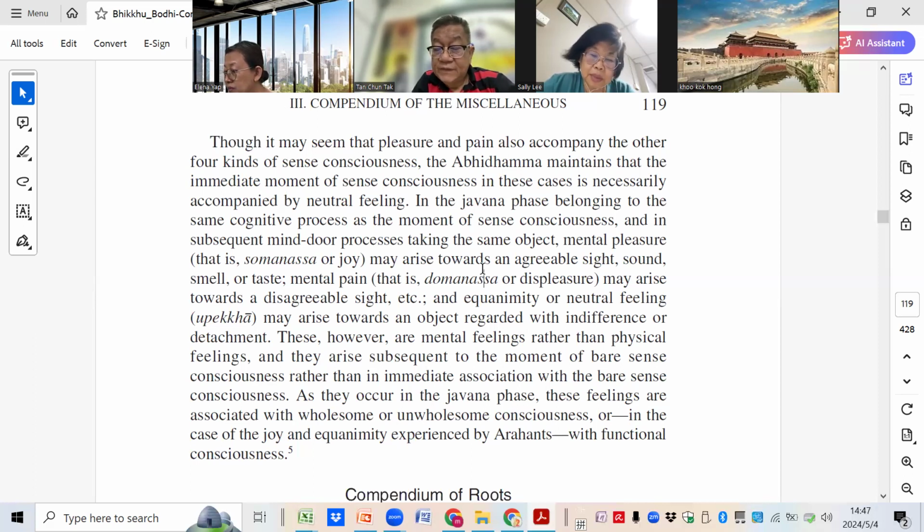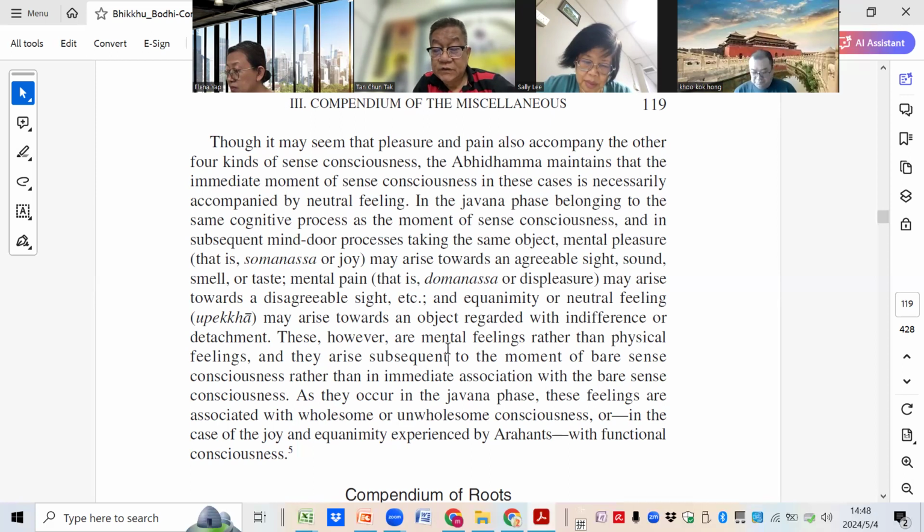In the javana phase belonging to the same cognitive process as the moment of sense consciousness, and in subsequent mind door processes taking the same object, mental pleasure, that is somanassa or joy, may arise towards an agreeable sight, sound, smell, or taste. Mental pain, that is domanassa or displeasure, may arise towards a disagreeable sight, etc.